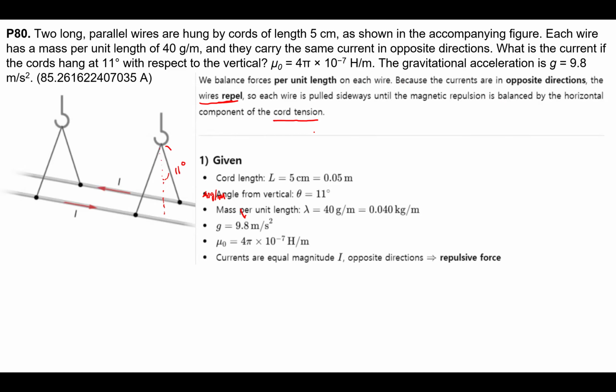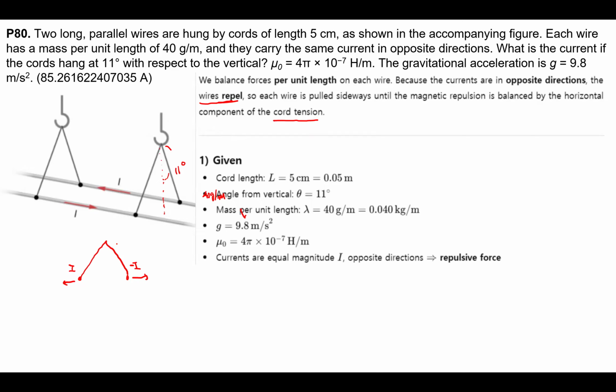If you look at it from the side view, there is a current I and a current minus I, and this is a kind of mass, balanced by these forces that are repelling each other.